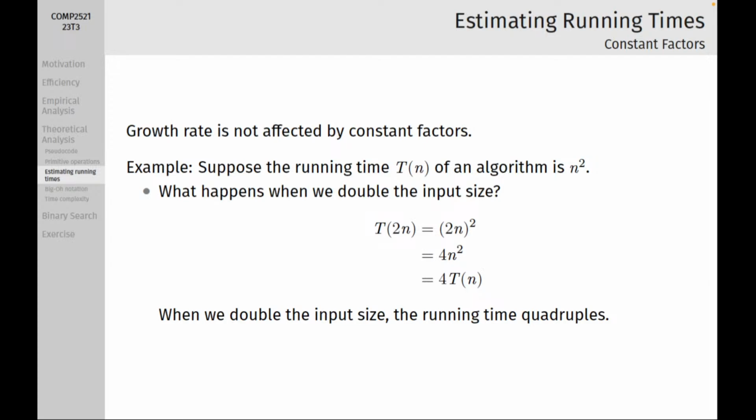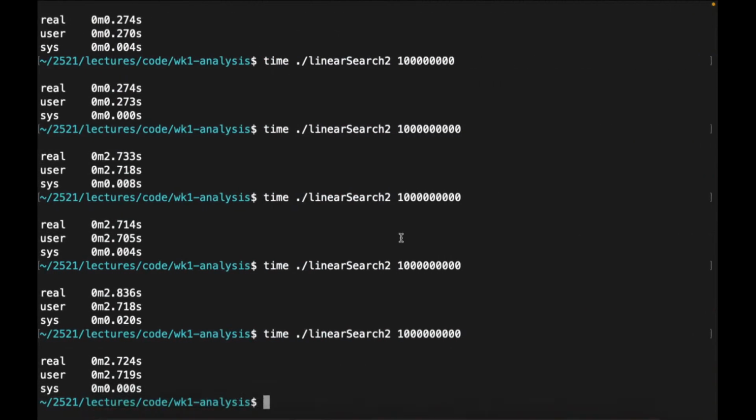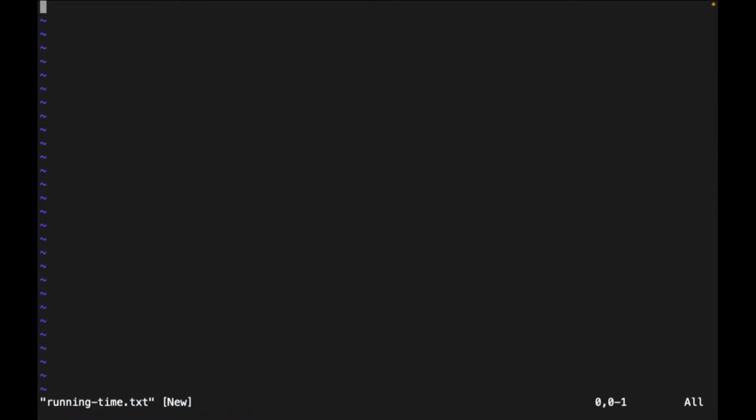I can show you another example. So let's go over here. Running time dot txt. Here's another example. Let's suppose that our algorithm takes n squared time.